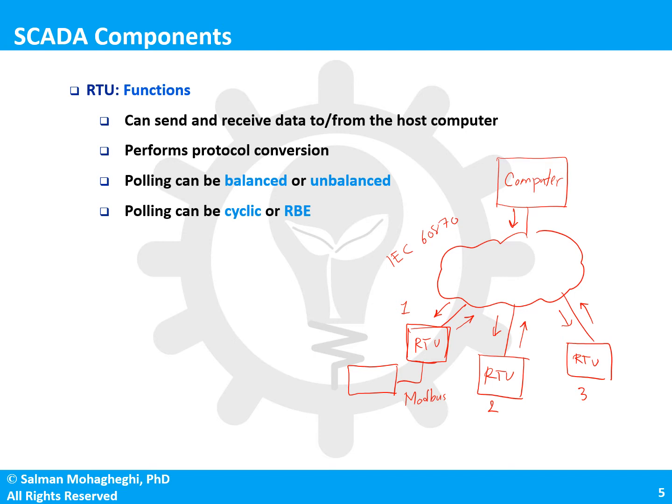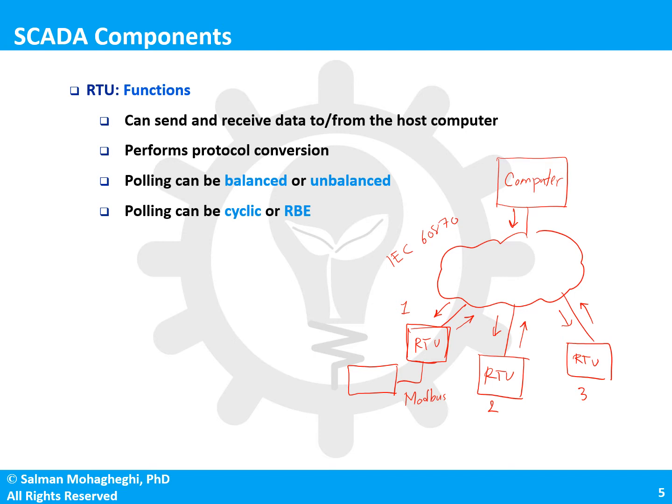Now, if you have a large number of RTUs, the full cycle might take a long time to finish, and by that time, you have lost access to that critical information. So some critical information might be overwhelmed by just the sheer volume of ordinary data that needs to be transmitted from all the RTUs to the host computer.